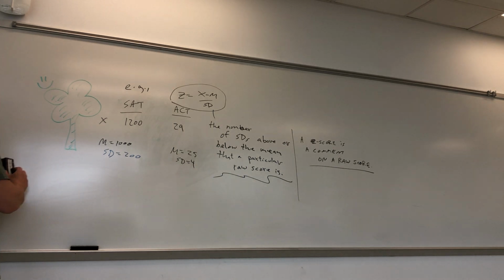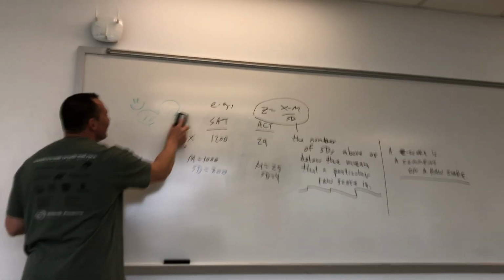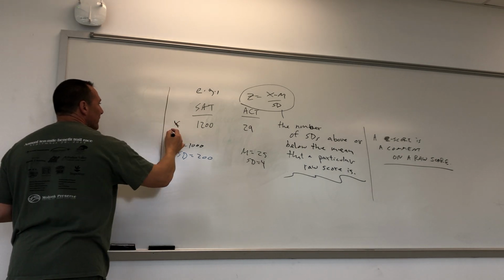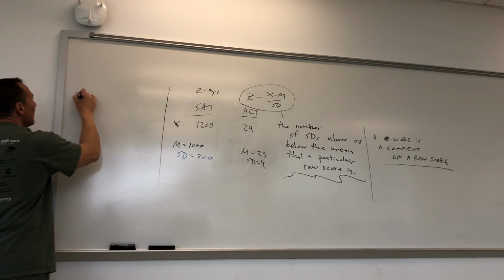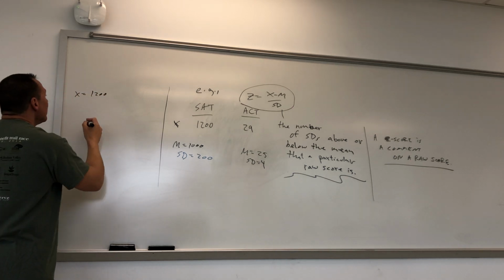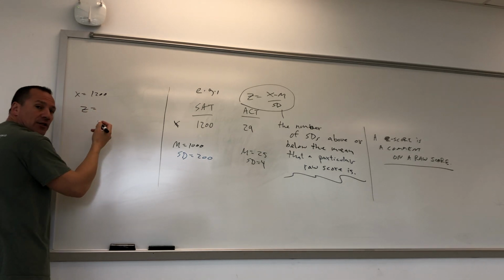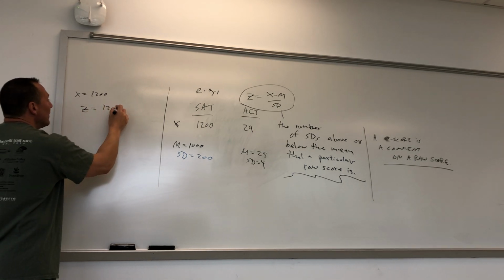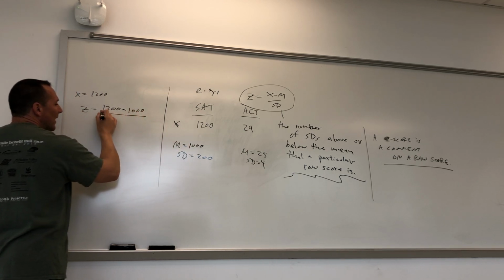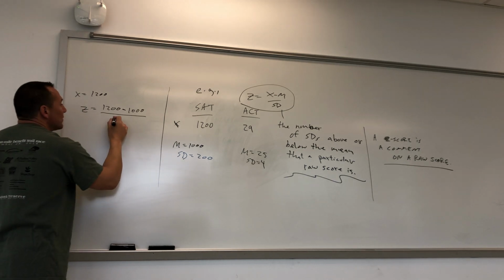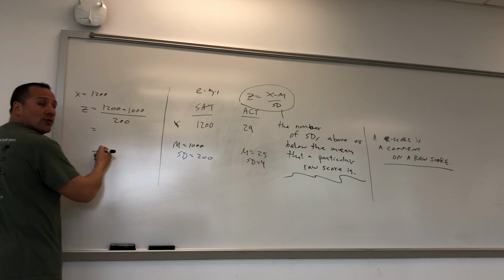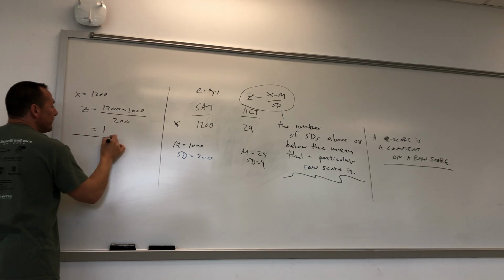Hate to do it, kids, but I'm going to erase my four-leaf clover for this purpose. Okay. So if x equals 1200, this is the SAT data. Z equals the particular raw score of interest, which is 1200, minus the relevant mean, which is 1000, divided by the relevant standard deviation, which is 200, which equals 200 over 200, which equals 1.0.